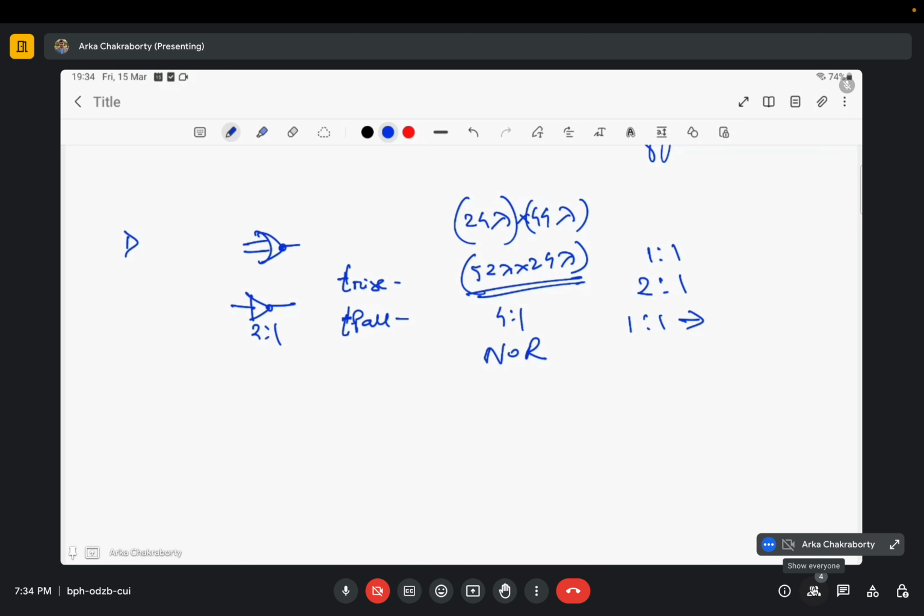So you can mail him from there, or you can mail the NPTEL team as well, that there are some issues, can you kindly clarify this point.